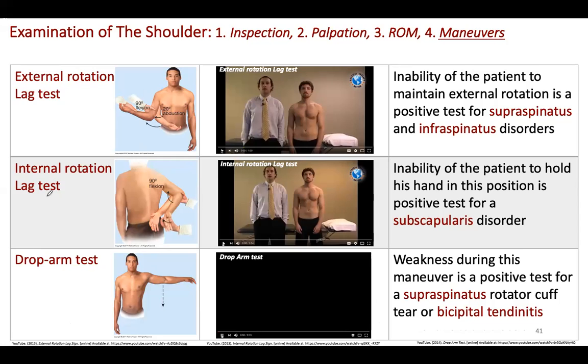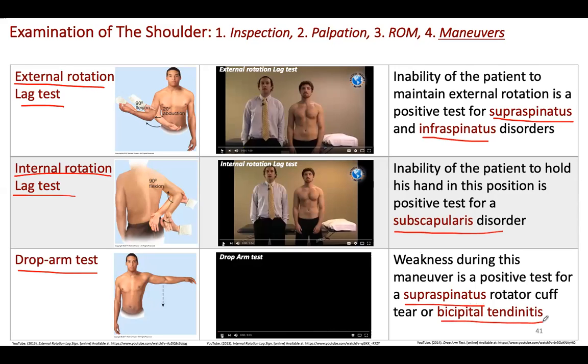What I want you to know from these slides is the name of the test: the external rotation lag test is specific for supraspinatus and infraspinatus disorders. The internal rotation lag test will point towards a subscapularis problem. The drop arm test will point towards supraspinatus, rotator cuff tear, or bicipital tendinitis.